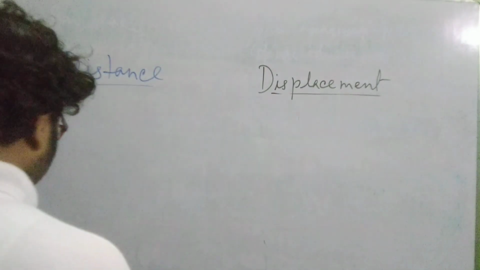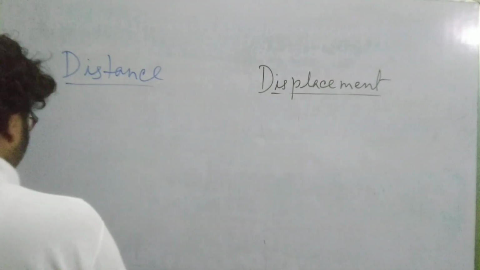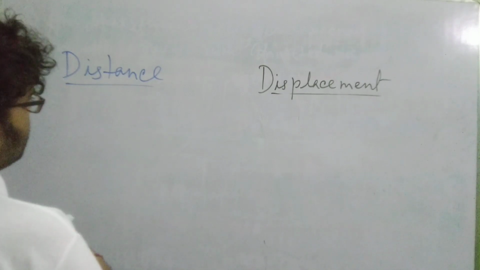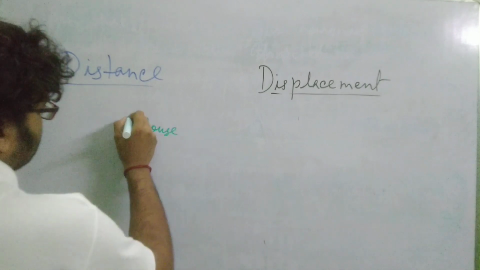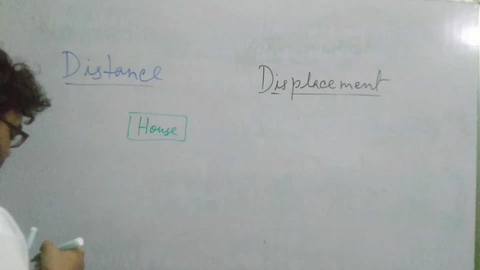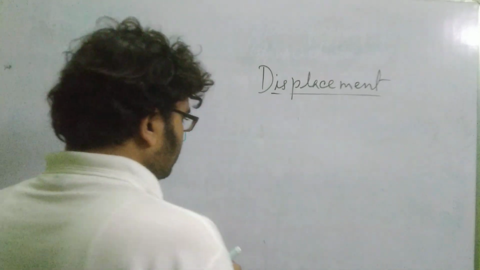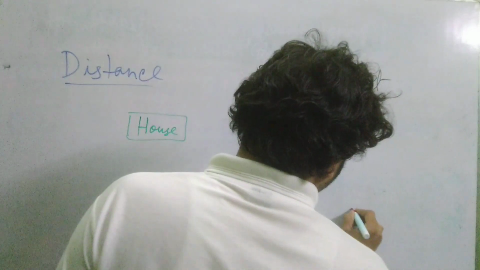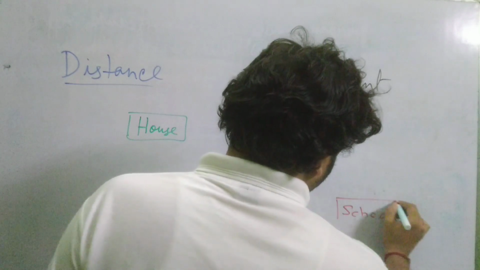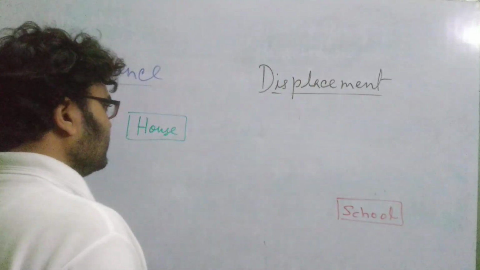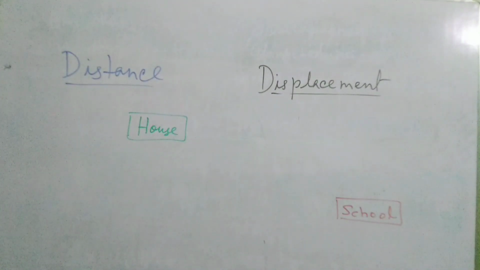Say this is your house, and this is your school. Now there are say 2 or 3 roads by which you can reach your school.